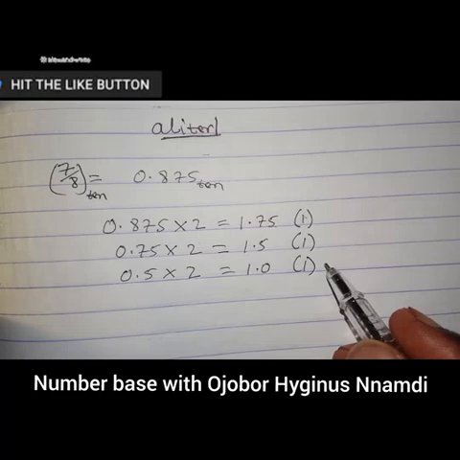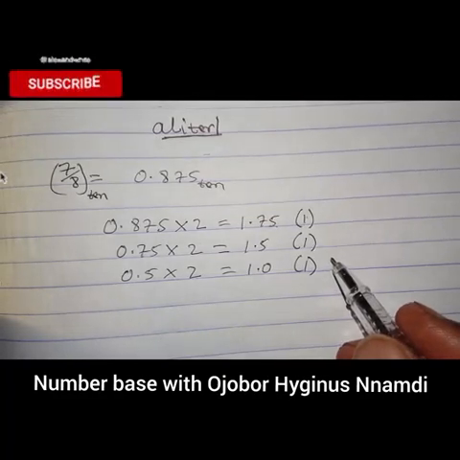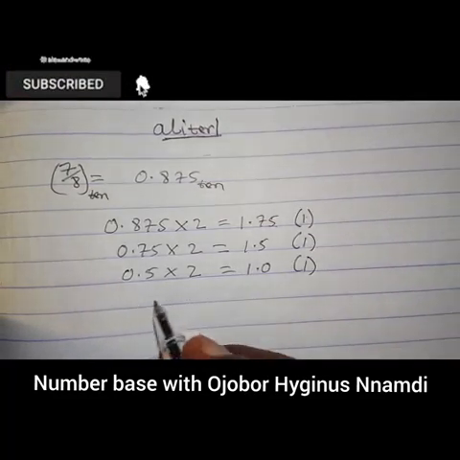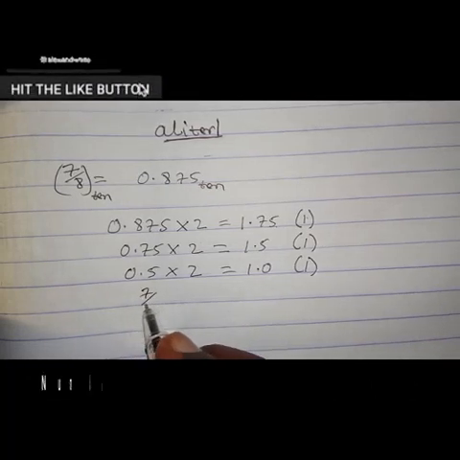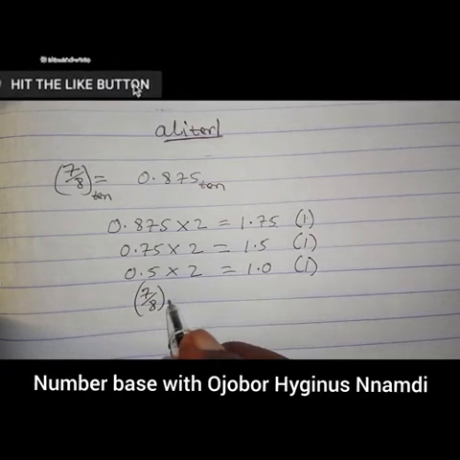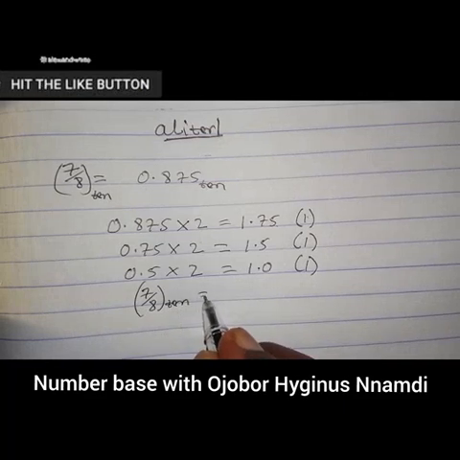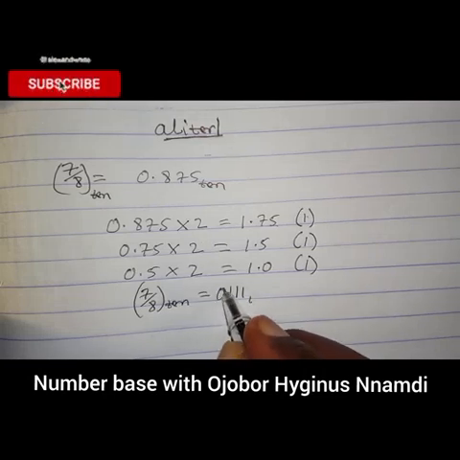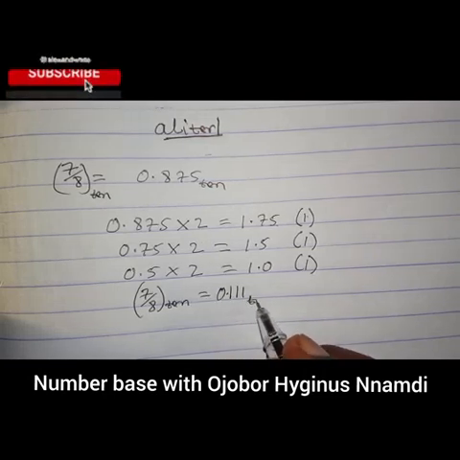The other one, in the case of the whole number part conversion, is read from bottom to top. So this is 1, 1, 1, and that is that 7/8 base 10 is equal to 0.111 base 2.